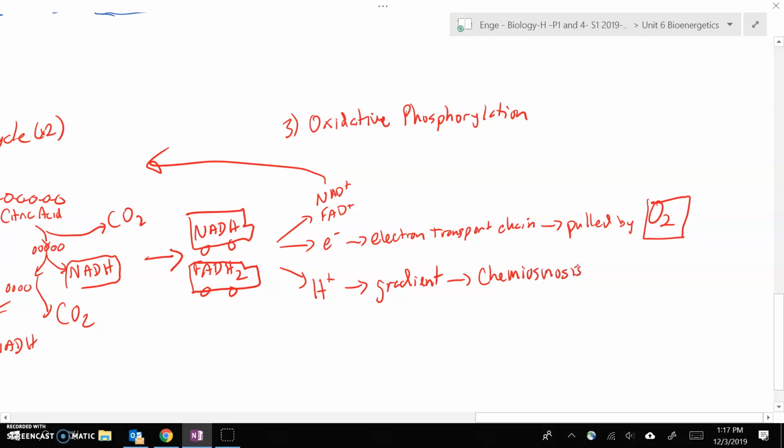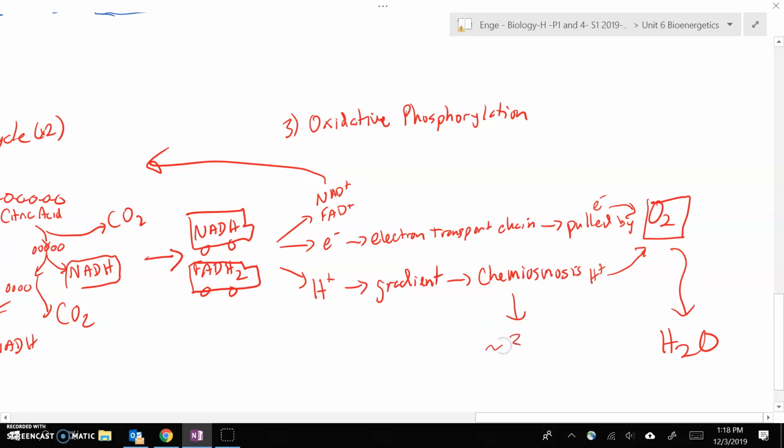See photosynthesis for that, same process, all right? Then the hydrogen and the electrons and the oxygen forms water at the end.